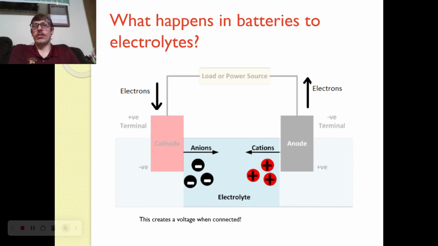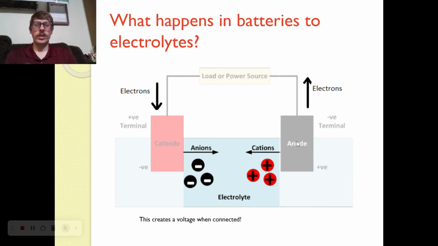So in general, what happens to electrolytes in batteries? Why do we even need them? So we're going to talk about it in the type of battery that you guys made, the zinc ion or the aluminum ion, the zinc copper or the aluminum copper battery. But just in general, what happens is there's going to be a cathode and there's going to be an anode.